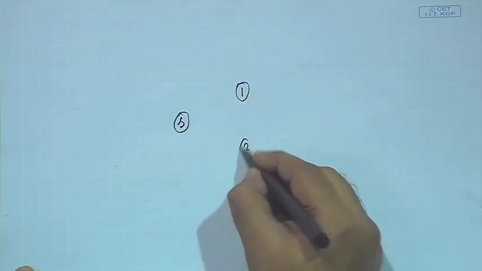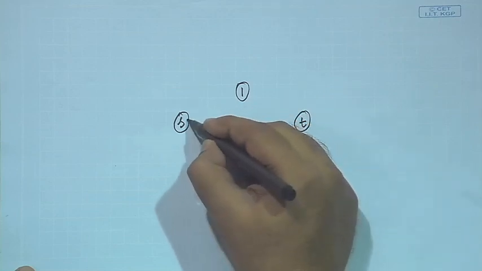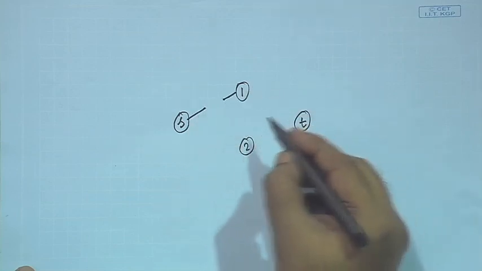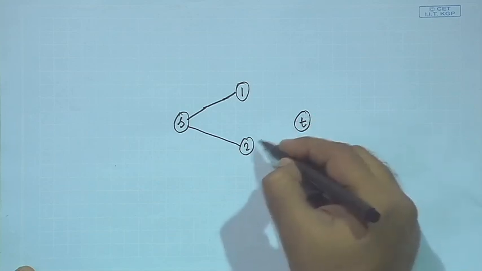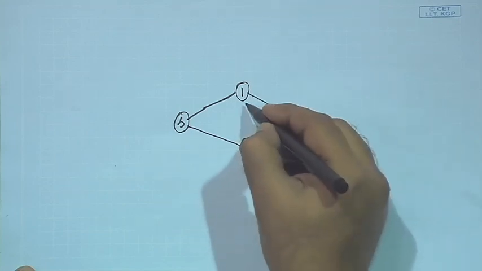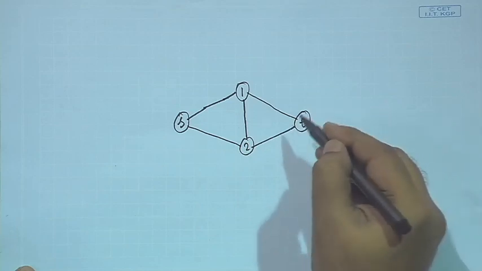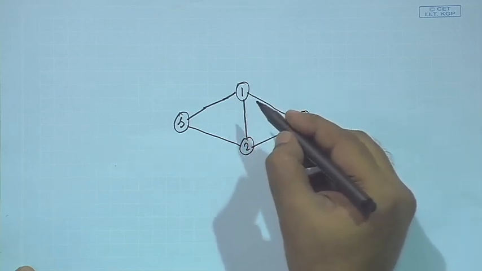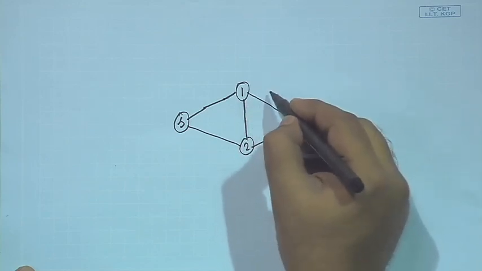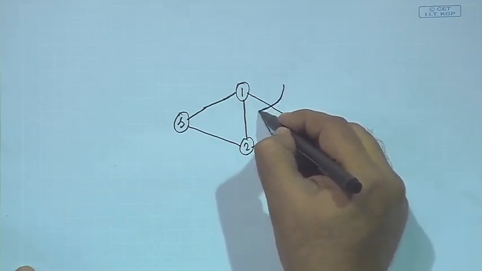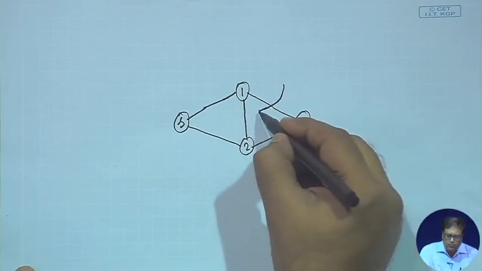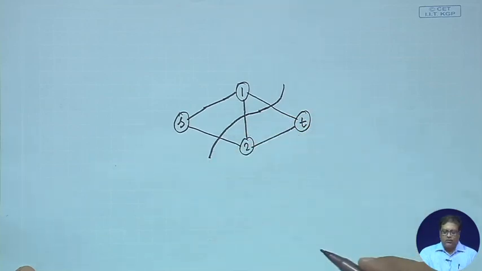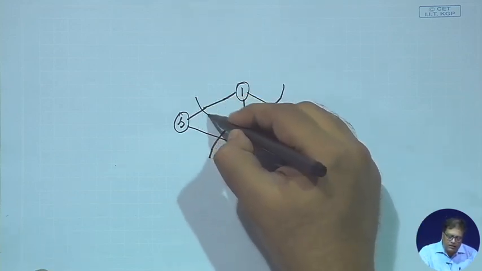Supposing we have S, 1 to T. Let us take this example and compare this with another cut set, that is this one.